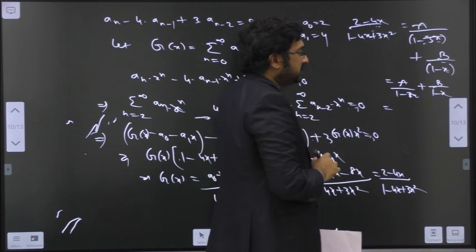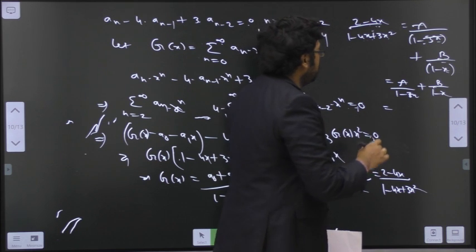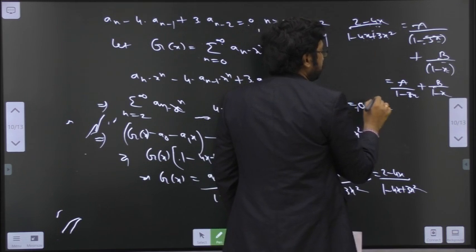A by 1 minus 3x plus b by 1 minus x, which is equivalent to this one.